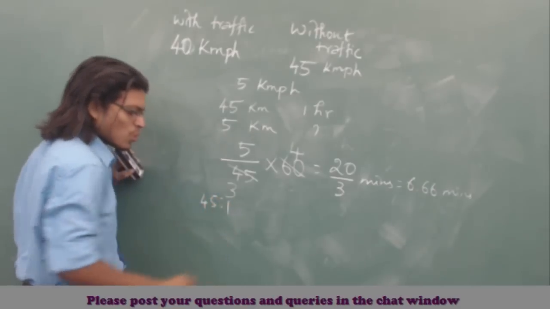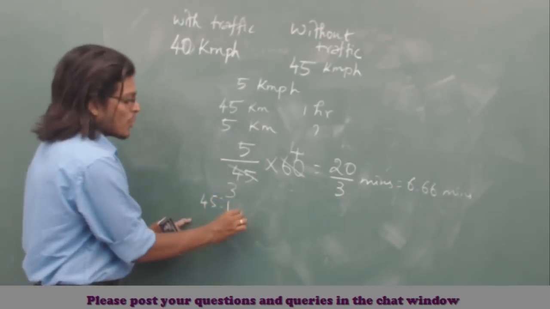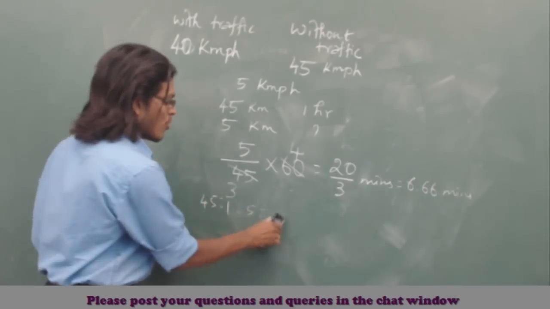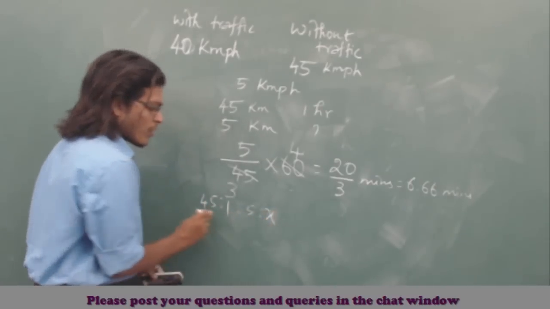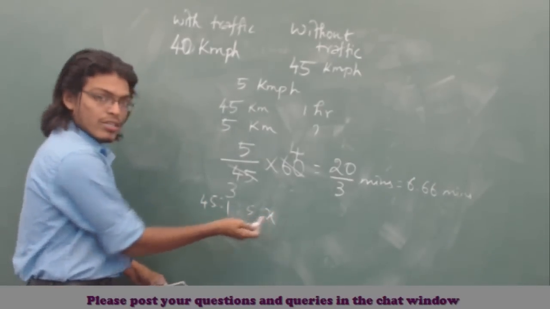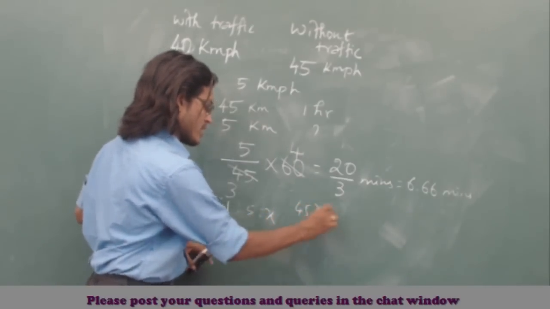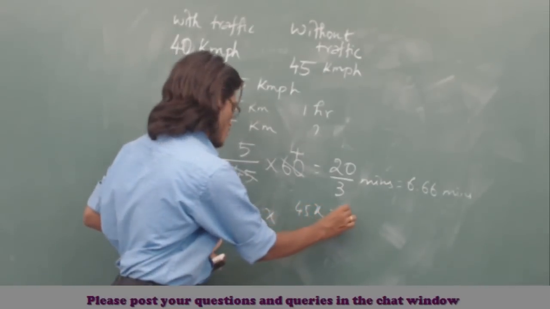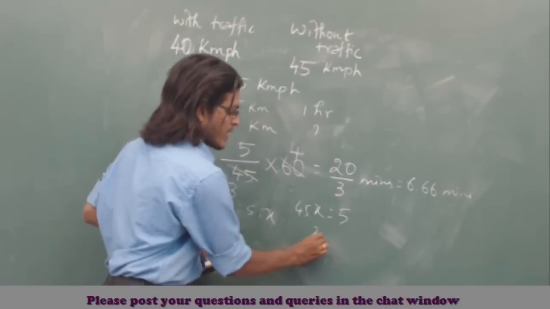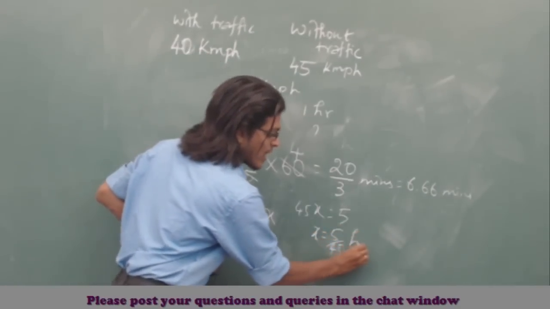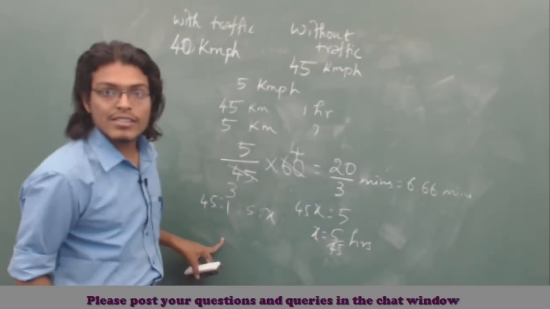Or, 45 is to 1 ratio, and 5 is to how much time? 45 kmph in 1 hour, and 5 km in how many hours? Right. So 45x is equal to 5. X is equal to 5 by 45 hours.